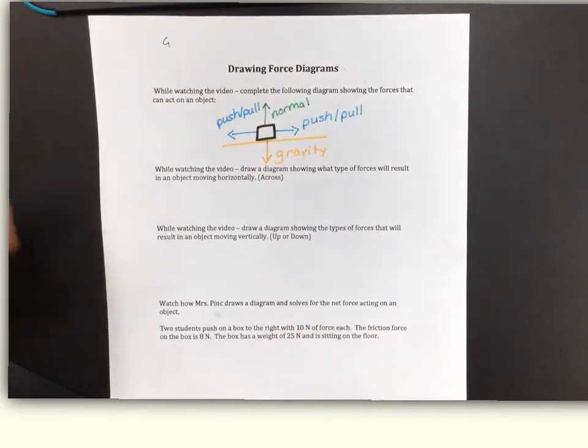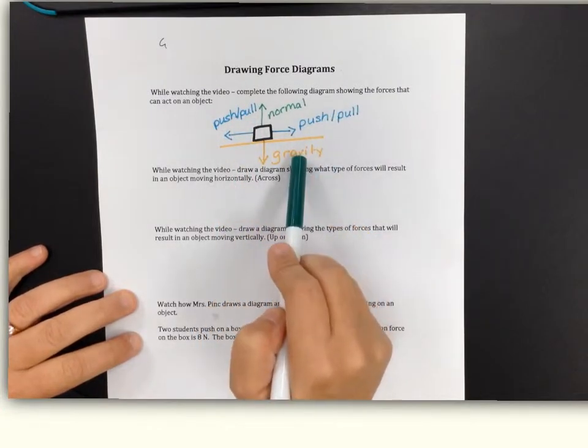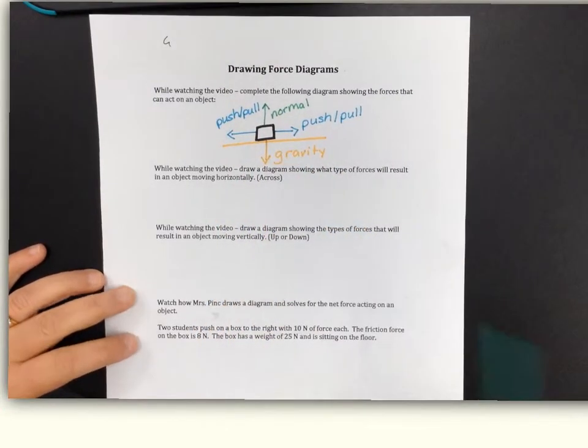You can see this if you're using a weak table or a weak chair. If the normal force is not strong enough to counteract the gravity force, then the object falls through it and falls to the ground. Normally, your normal force and your gravity are the same as long as an object's sitting on a flat surface. So these are our main forces that you're going to see: pushes or pulls, gravity, and the normal force.